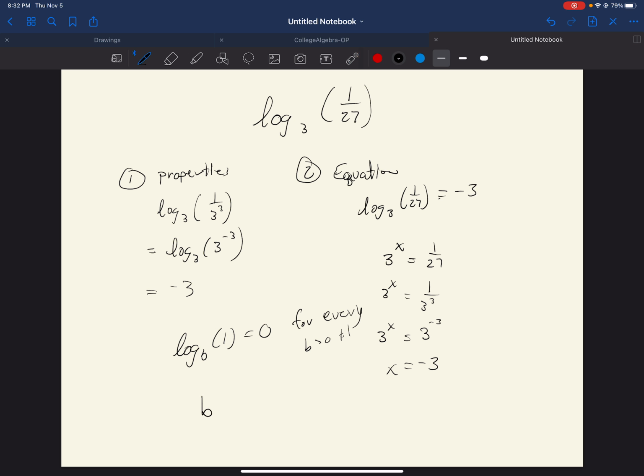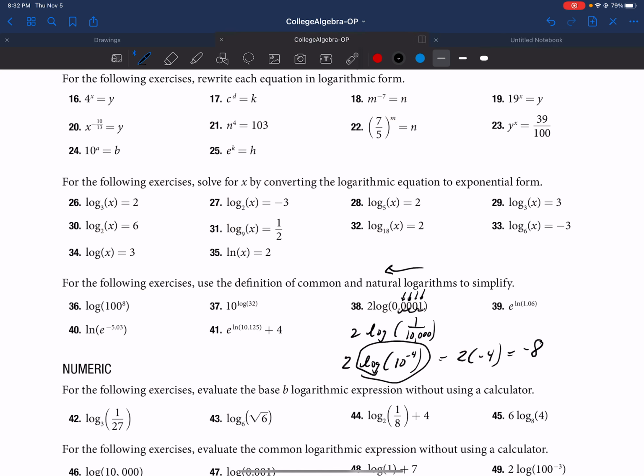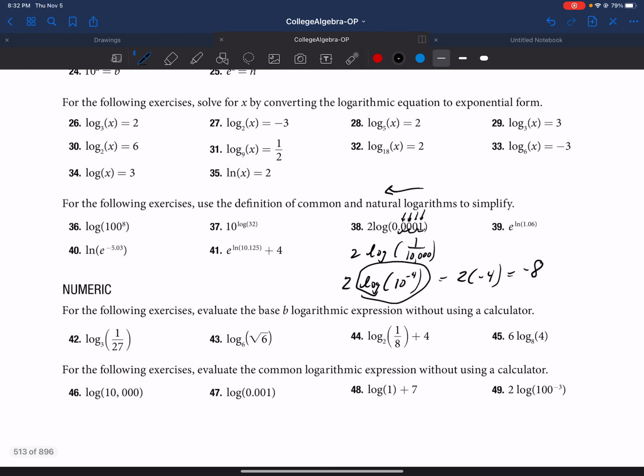Haven't you your whole life been told anything to the 0 power is 1? Anything not 0 to the 0 power is 1. 0 to the 0 is a different story. But b to the 0 is 1. And so that means log base b of 1 is always 0. So down here, that's 0. So that answer is just 7.